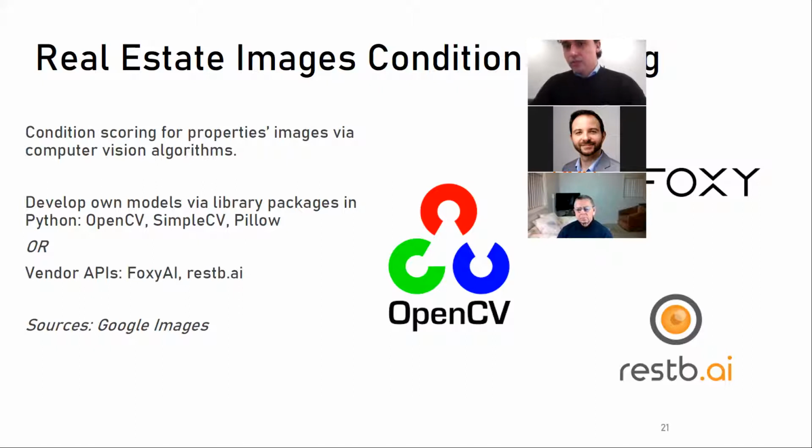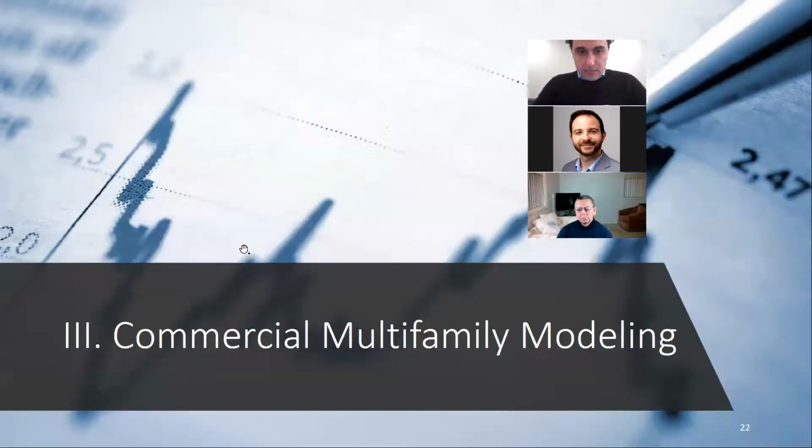From there, you would still need to do your final underwriting in a human way, I'm sure, for various reasons. But being able to do this is still very valuable in itself, and it allows you to scale your analysis. And yeah, so commercial multifamily modeling.